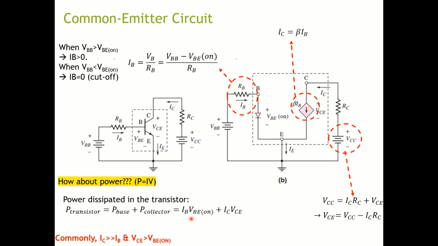Therefore, you can assume that this value here is a lot larger than this. Then a good estimate is you can just take this one out, assume it to be 0, and just estimate the power dissipated in the transistor to be the power of the collector.